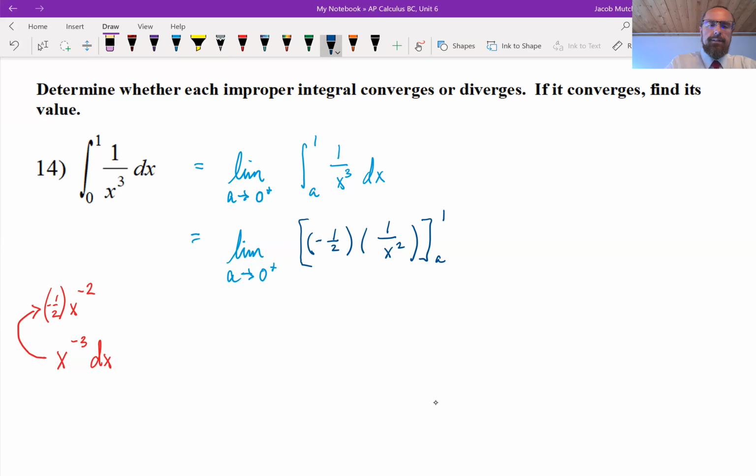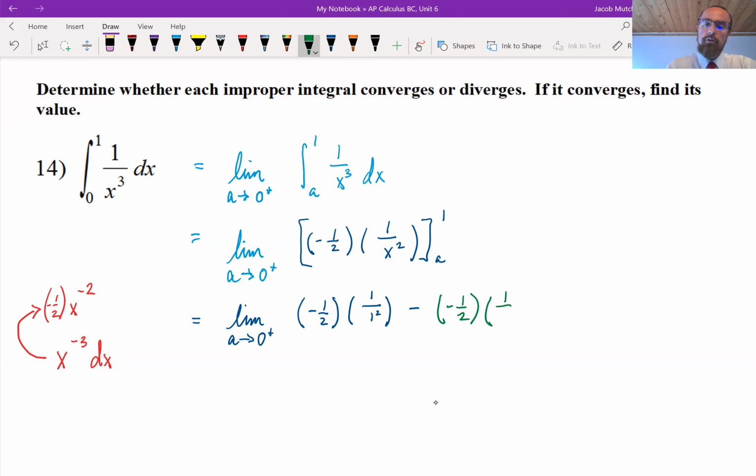So now let's evaluate the limit. In fact, before we evaluate the limit, we're going to set this up according to the fundamental theorem of calculus. So this is going to be equivalent to -1/2 times 1/1 squared, plugging in the upper limit of integration, minus -1/2 times 1/a squared.